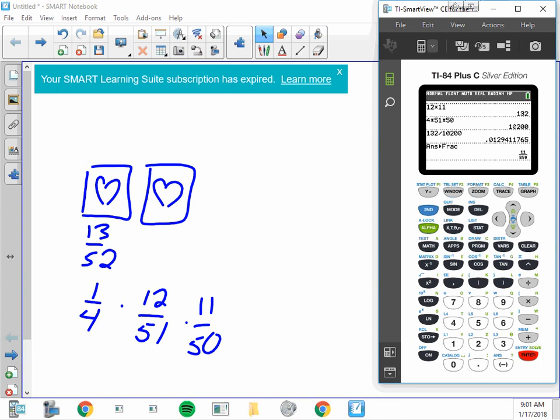I'm not sure we want to do conditional probability. So conditional probability starts happening in example 6.